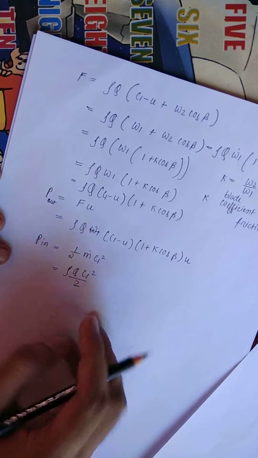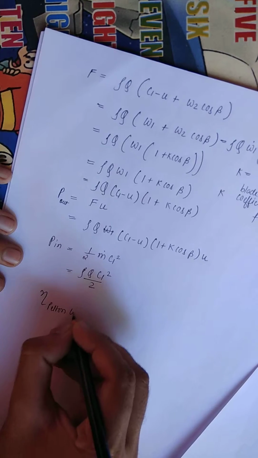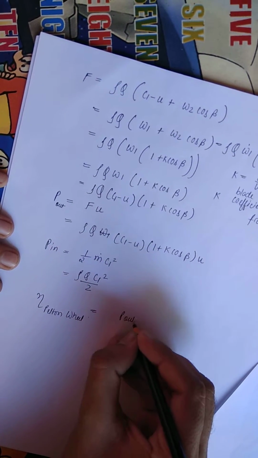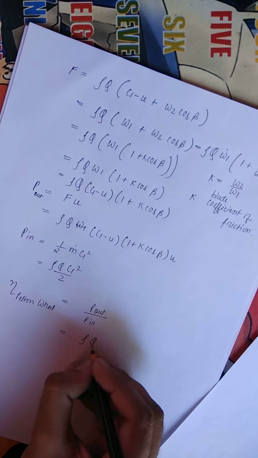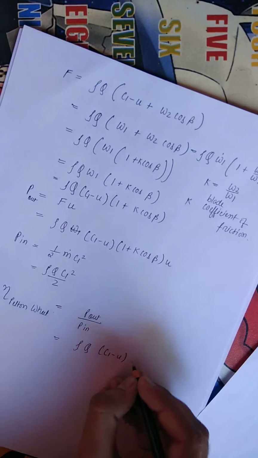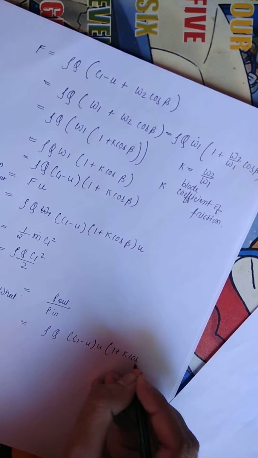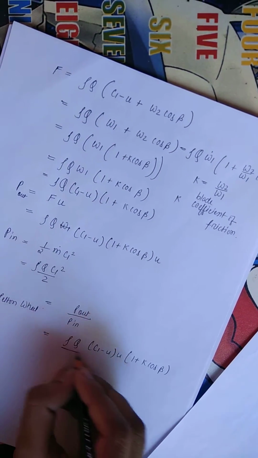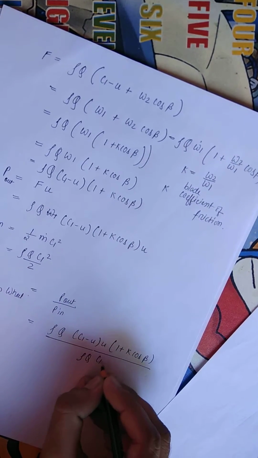Now the efficiency of the Pelton wheel will be equal to output power by input power, or rho Q (c1 minus u) u (1 plus K cos beta) divided by rho Q c1 square by 2.